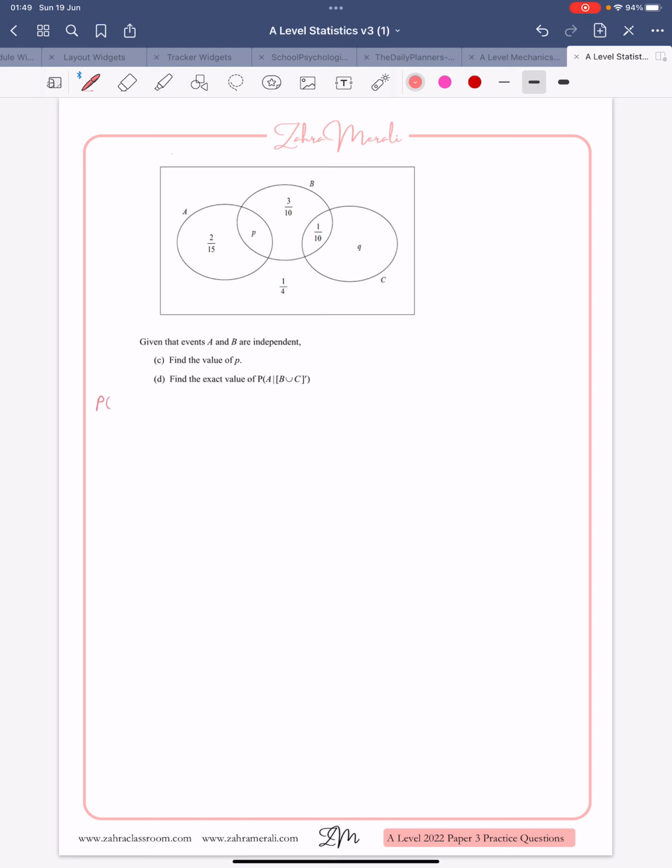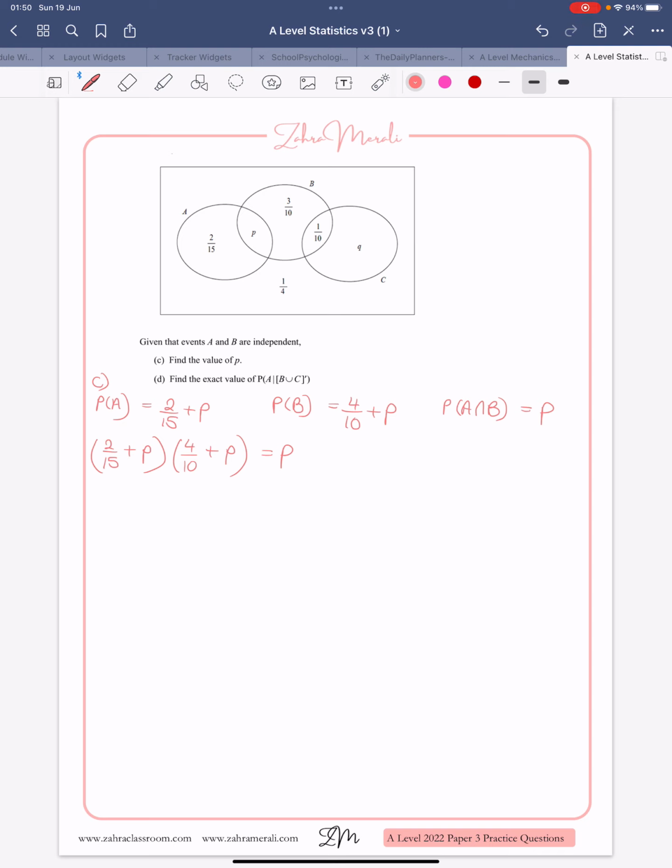We've got the probability of A, which is 2/15 plus P. We've got the probability of B, which is 3 tenths plus 1/10, so 4 tenths plus P. And we've got the probability of A and B, which is P. Now we know if they're independent, if we multiply these two together, we're going to get this. So let's do that. So we get 2/15 plus P multiplied by 4/10 plus P equals P.